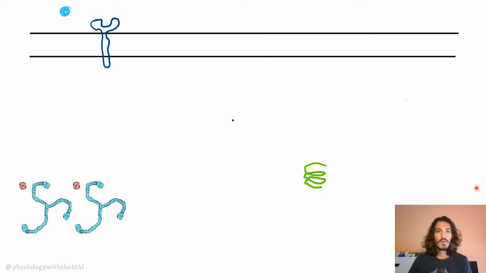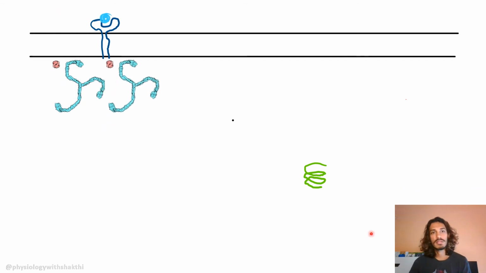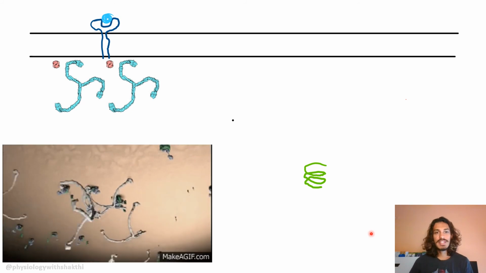So you have a receptor. This structure is a clathrin triskelion. It is going to come close and attach itself near the receptor, and once the component binds to the receptor, it results in internalization.